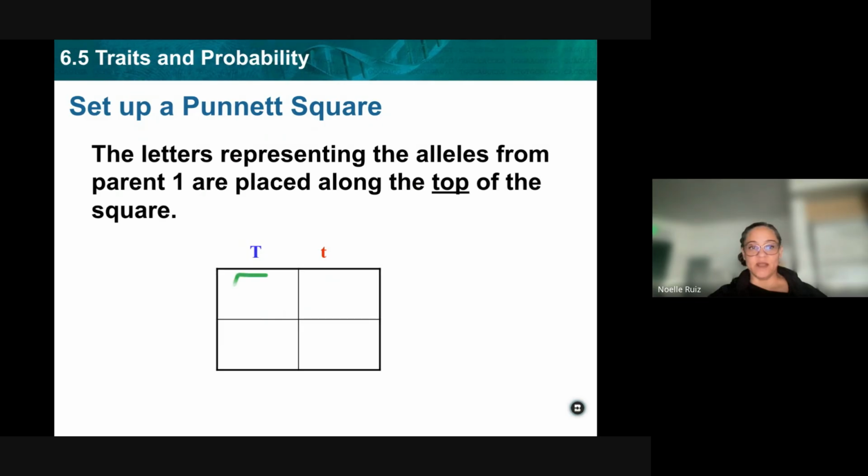The inside of the square, the four boxes inside, those are for the potential offspring. Parents go on the outside. So parent one, we put the big T on top of these two boxes. We put the little t on top of these two boxes.